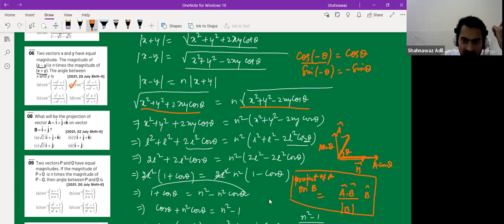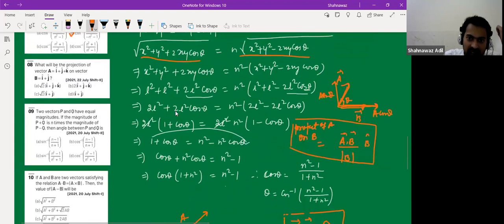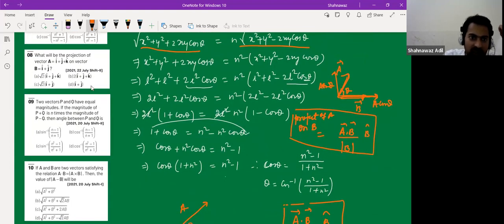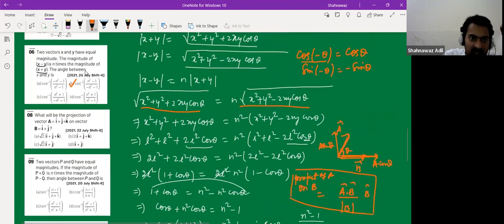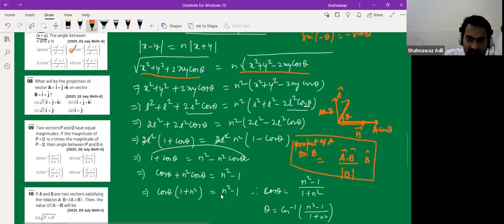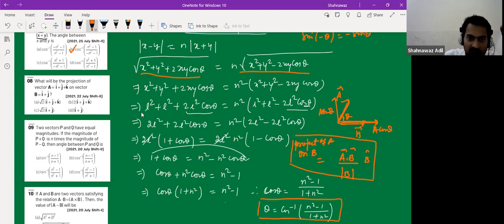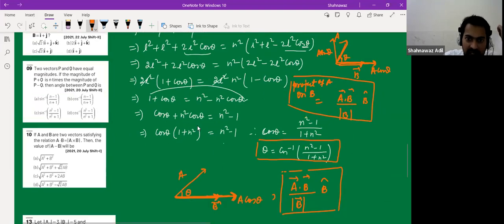Or what we can do is that we can take the minus sign, because you don't see this option in this question, right? So what we can do here is take this term, n square theta, so we can take this cos theta in here.